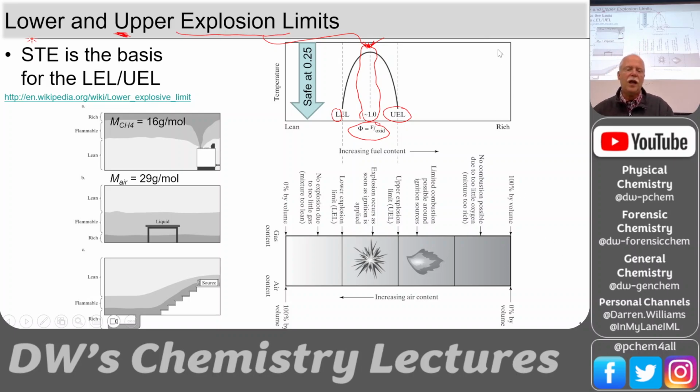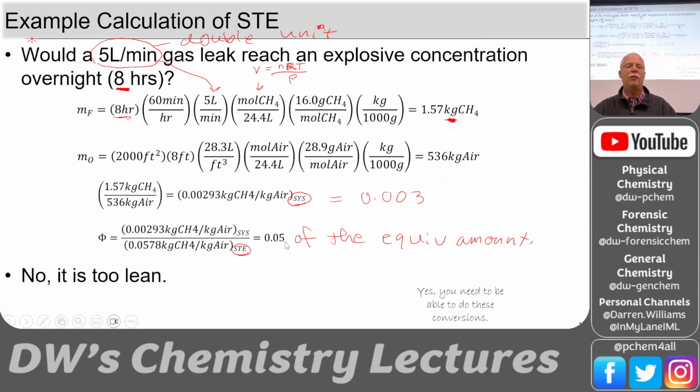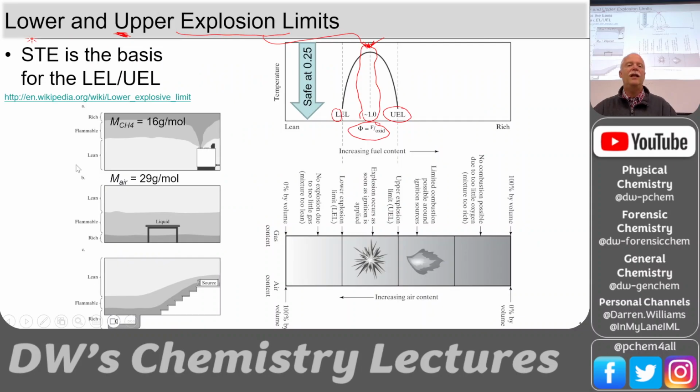So now, we assumed one thing in our problem that may not actually apply. It looked like we were safe because we had a 0.05, but methane is lighter than air. And so that whole gas leak may not mix perfectly with all the air. Now, if our ceiling fans are running, it's a trade-off. It's running, that's good. It's diluting the gas with the air, but it's also sparking a little bit if it's a brushed motor.